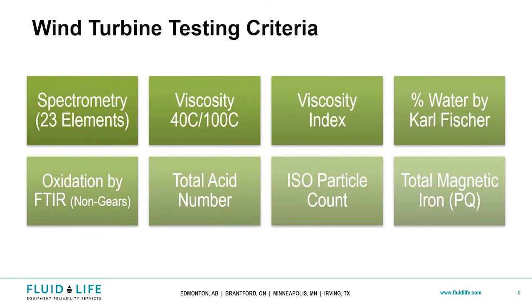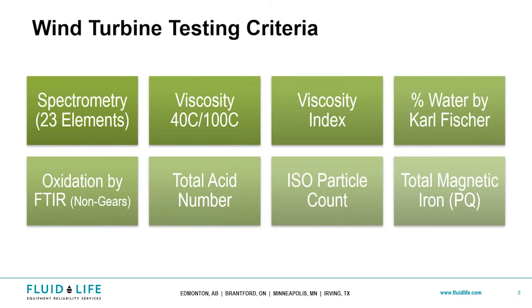the basic stuff. So starting with spectrometry, it's an ICP elemental instrumentation that you run, and you get all the element breakdowns. It helps you determine what your additives are and the breakdown of contaminants and stuff. We'll go into detail with all of these different tests and what they mean as well.